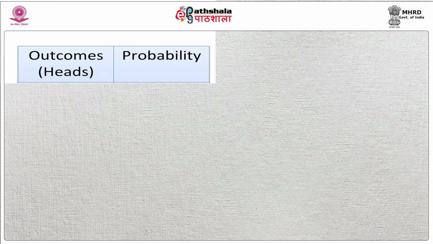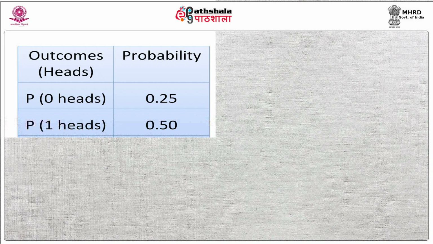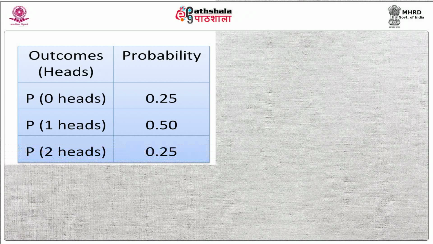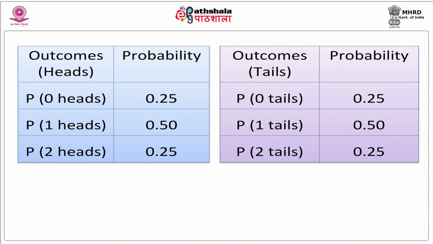Now, the outcomes in the form of heads and the probability. The probability of having 0 heads is 0.25 and the probability of having 1 head will be 0.5. Similarly, the probability of having 2 heads will be again 0.25, and we calculate the probability for the tails. Probability of having 0 tails will be 0.25 and probability of having 1 tail will be 0.5. The probability again of having 2 tails will be 0.25.